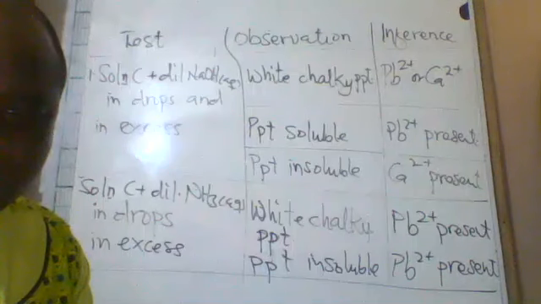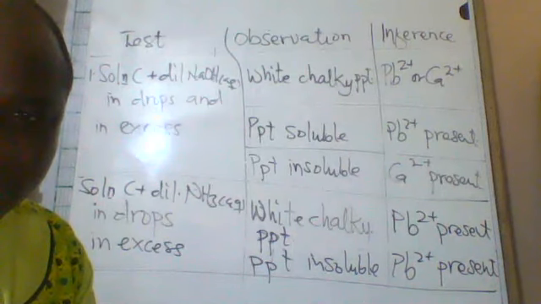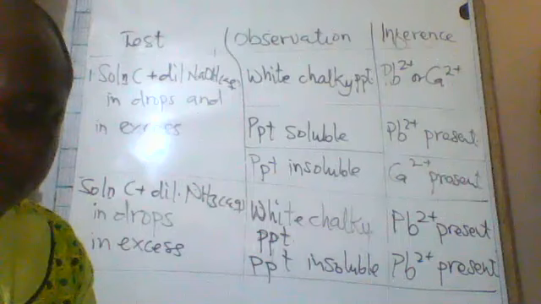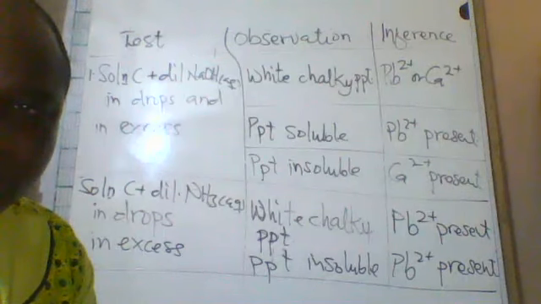Your line was a bit scratchy, so I couldn't get you well. Can you hear me? So I was saying that for the confirmatory test, you will not have to go through a process. You just do something and then you'll be able to tell that this one is zinc or this one is that.